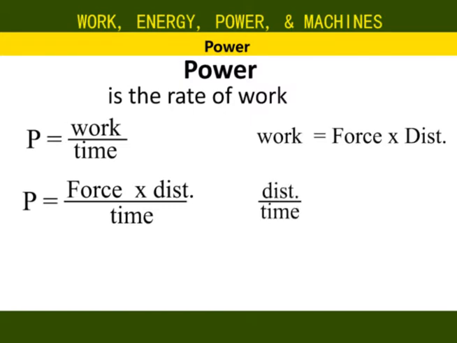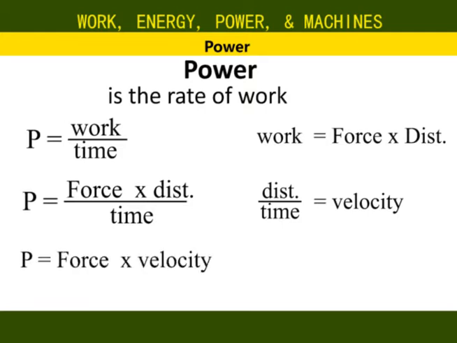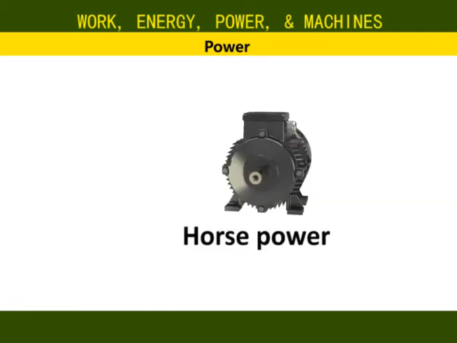Again, distance over time is equal to velocity, and therefore power is also equal to force times the uniform velocity. From the expression power is equal to work over time, it means the unit of power is joules per second. This is called watt.